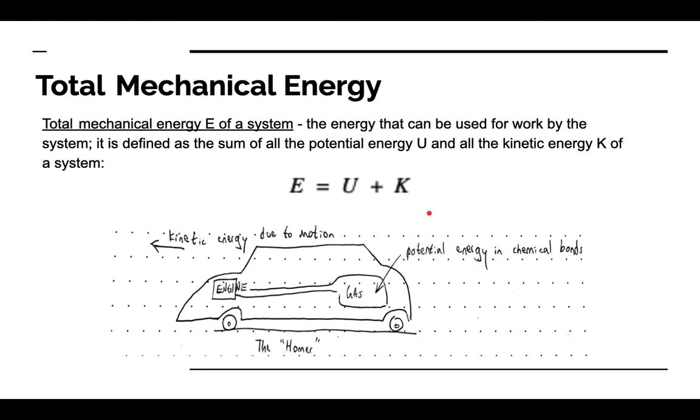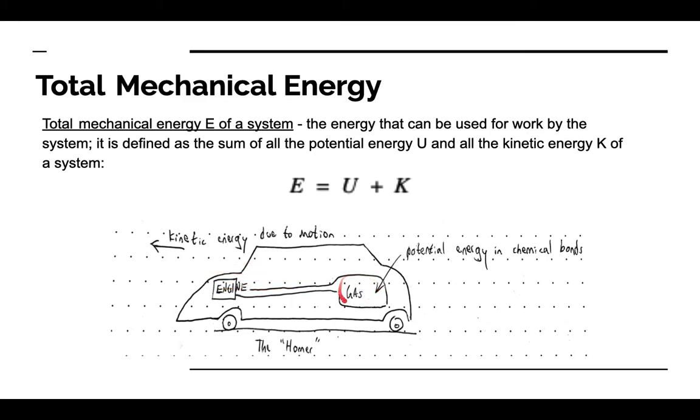As an example, when a car is in motion, a car stores potential energy in its gas tank in the form of chemical bonds in the gas molecules. These gas molecules are considered a part of the total mechanical energy because the potential energy in chemical bonds can be used for work by the car engine to propel the car forward.